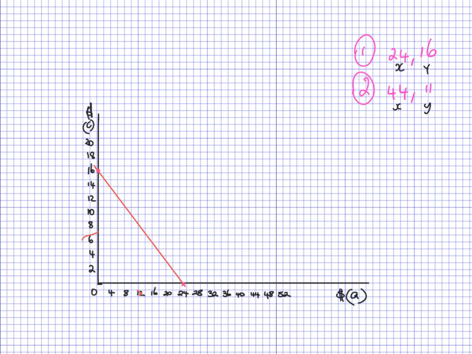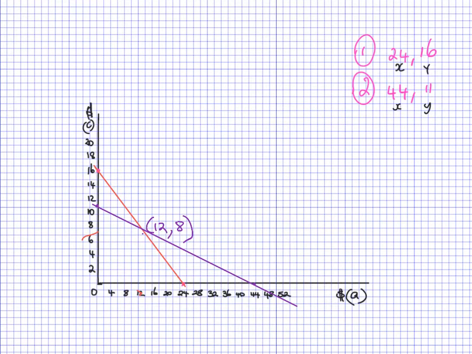Now moving on to the other one, we've got 44 and 11, which is about there. And again, we get our ruler and rule our line. Okay, so our new coordinates, I am out a little bit, but it should read 12 and 8. There we go.